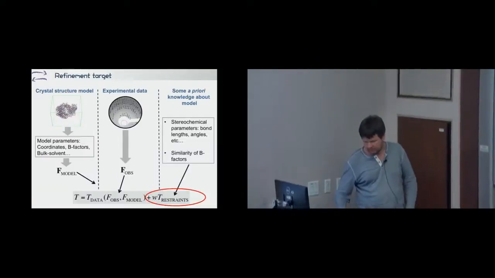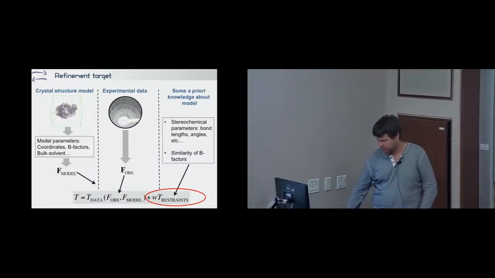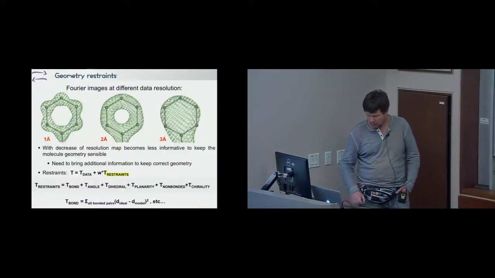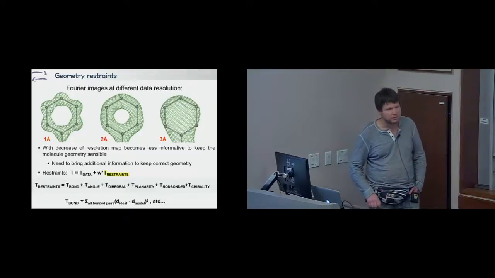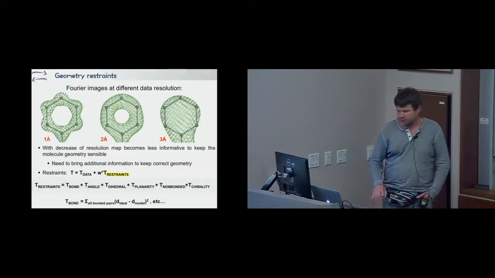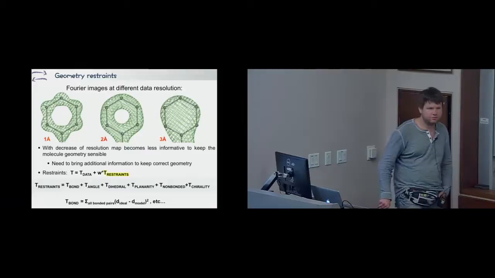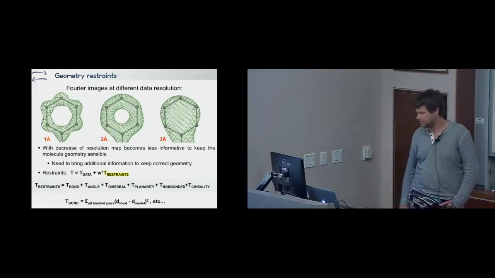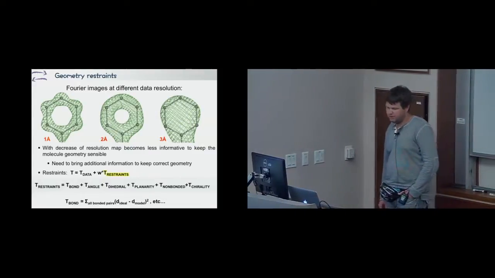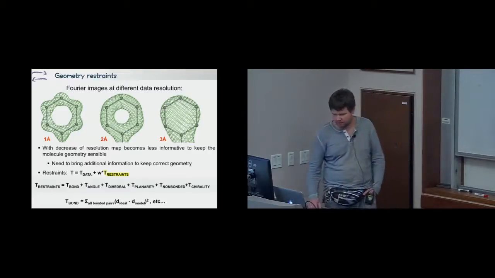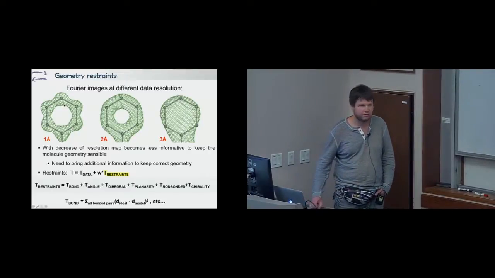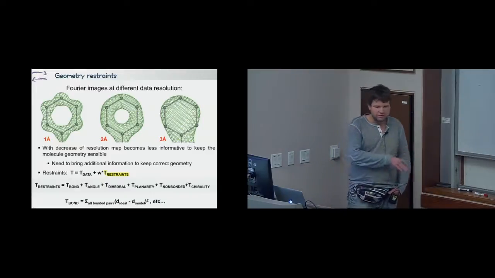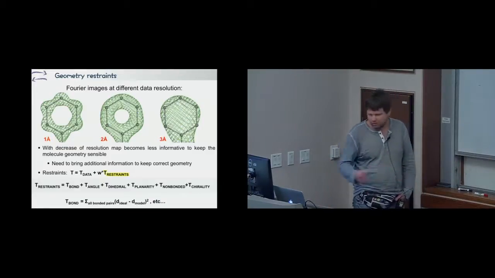Okay, let's spend a few slides talking about restraints. So why and what they are. There are two types of restraints that we tend to call standard restraints and extra restraints. So why do we need restraints? Well, in protein crystallography, we deal with a variety of data qualities, translated into resolution from high to low resolution.